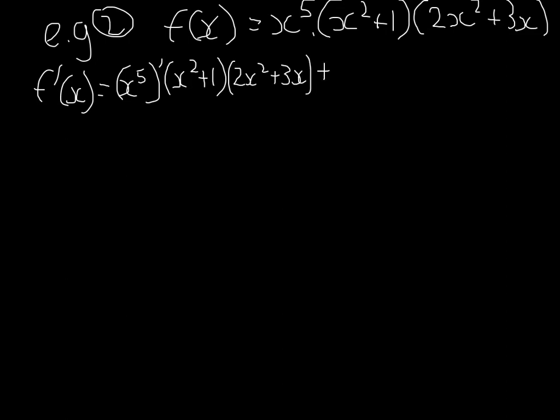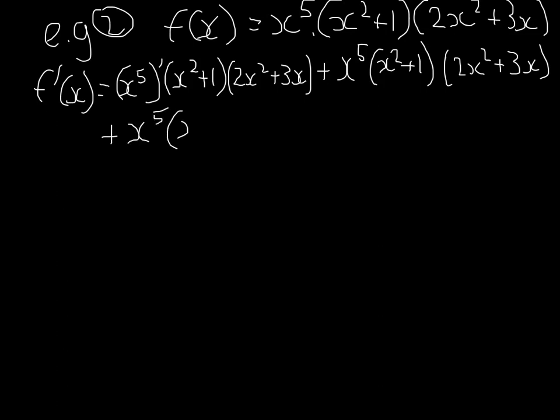Then you go plus x to the power of 5 times the derivative of x squared plus 1 times 2x squared plus 3x plus, I should probably continue that on the next line, plus x to the power of 5 times x squared plus 1 times the derivative of 2x squared plus 3x.